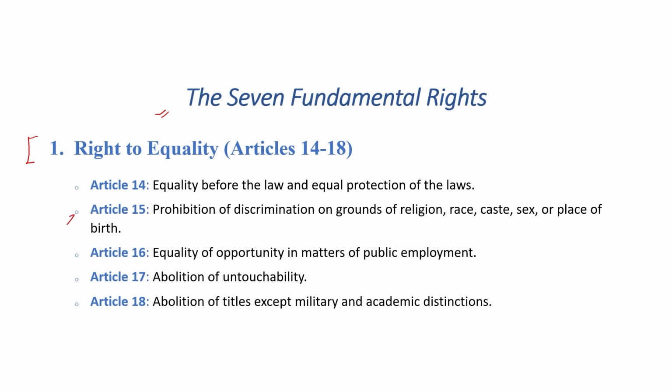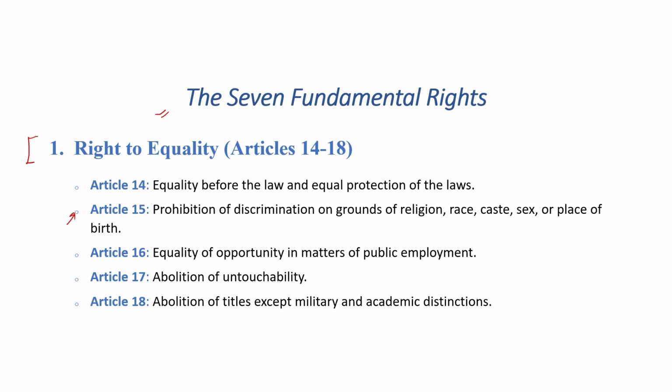What does Article 15 say? Prohibition of discrimination on the ground of religion, race, caste, sex or place of birth. It means any state shall not discriminate against its citizens on the basis of religion, race, caste, place of birth, etc. What is the major difference between Article 14 and 15?